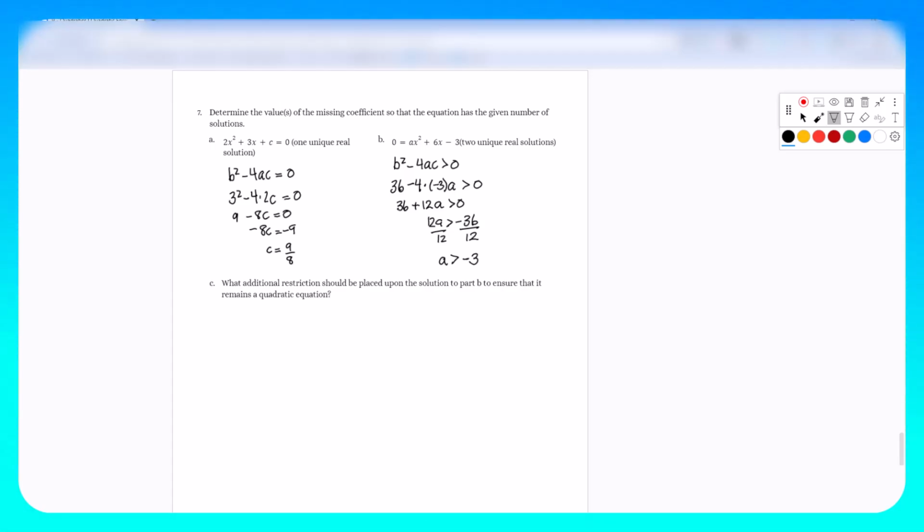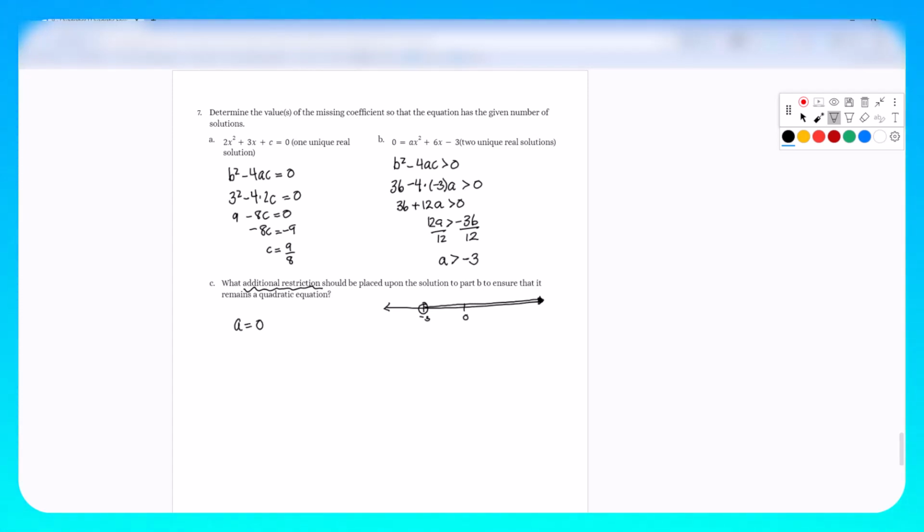Now we do have to consider in part B a bit of additional restriction. We notice here that it's saying a is greater than -3. Well, on a number line, we have -3 here, 0, and then goes on from there. That means the solution, or whatever a can be, must be to the right. But that includes 0.